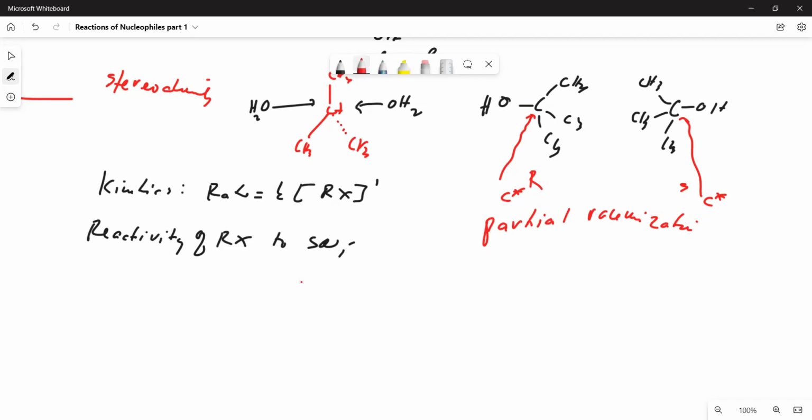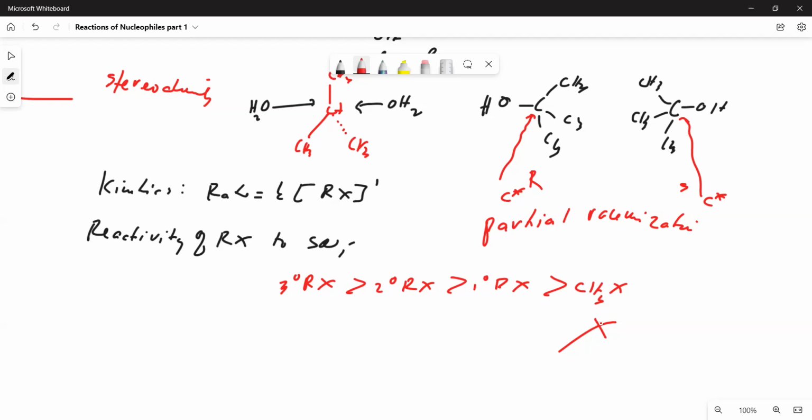So it's reverse. Tertiary alkyl halide, the most reactive, followed by secondary alkyl halide, followed by primary alkyl halide, followed by methyl. The methyl halide will no longer undergo SN1 because the methyl carbonium is the most unstable.